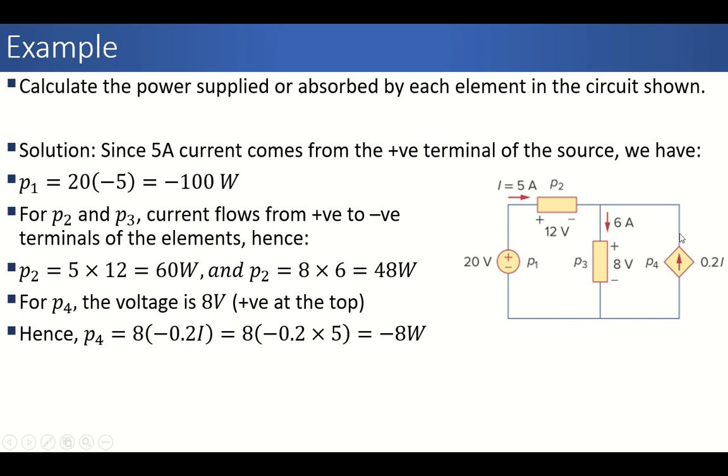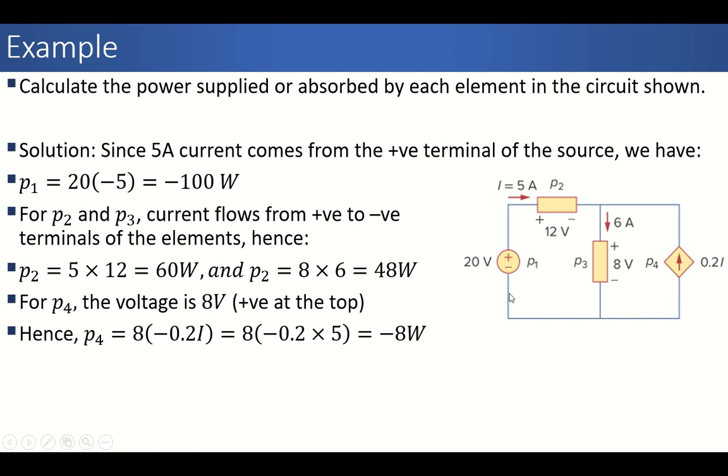You can see that this is actually a dependent current source, and its current depends on the current in another branch. So this is a current controlled current source. So this will be 8 into minus 0.2 multiplied by 5, so this will be minus 8. So again you can see that P4 is actually negative, so this sign shows that power is delivered by this device.